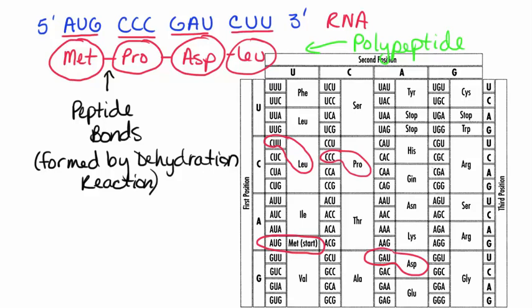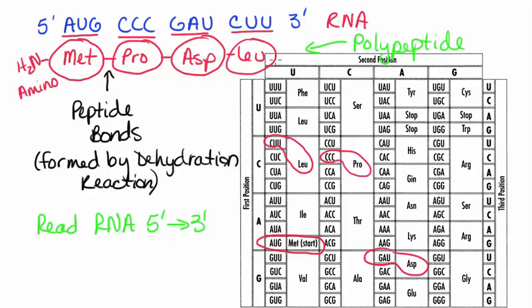If we take a look, notice that we read the 5' end of the RNA molecule first. So we're going to read the RNA 5' to 3'. And we also have a unique polarity to our polypeptide as well. On the very first end that we synthesize, this is going to be the amino end, or the end that has the amino group on it. Sometimes it's called the amino terminus.